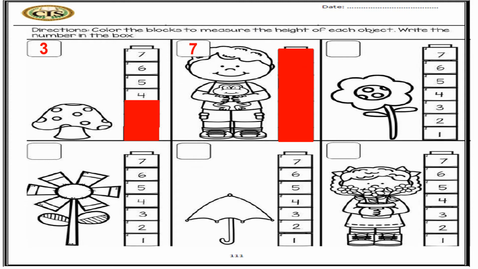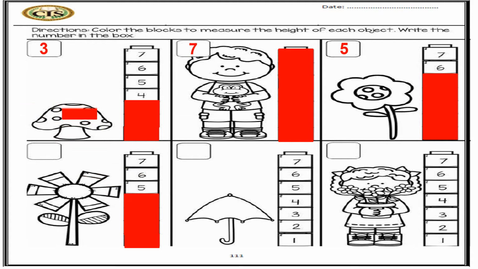Object number 3. 1, 2, 3, 4, 5. Its height is 5 blocks. Object number 4. 1, 2, 3, 4, 5, 6. So its height is 6 blocks.